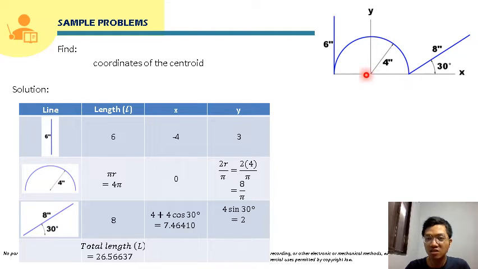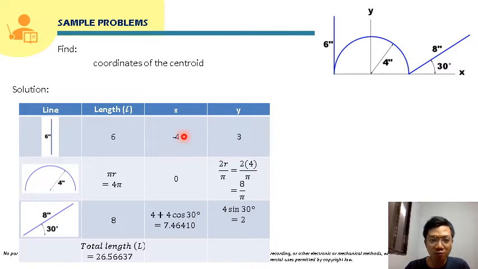So this is 4 inches. Therefore, the x-coordinate of this line from the reference point is 4 inches. Since it is at the left of the reference point, on the left of the x-axis, the x-coordinate will be negative.